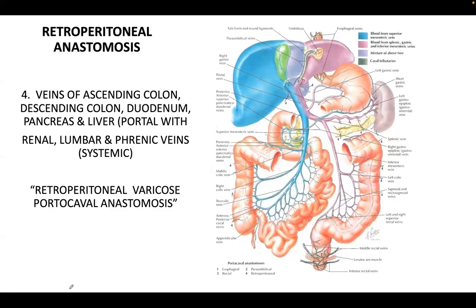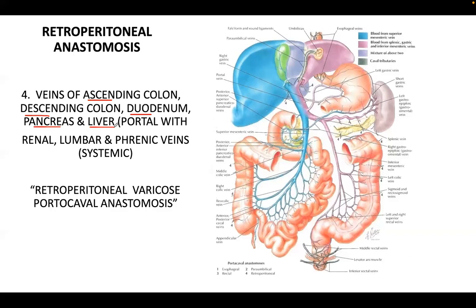So take note of this. Basta portal circulation, the veins from the ascending, descending colon, the duodenum, pancreas, and liver. This is what we call the retroperitoneal varicose portocaval anastomosis. Okay, so please take note of this.